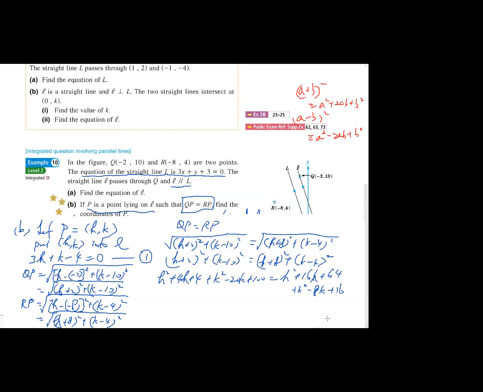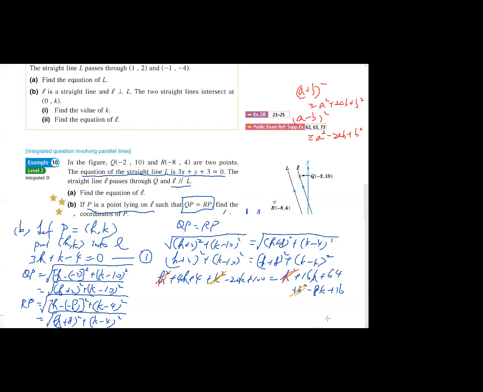It is h square and h square, on both sides. So we can subtract one of them to the other side to cancel out the other. And then k square and k square can be cancelled by each other.